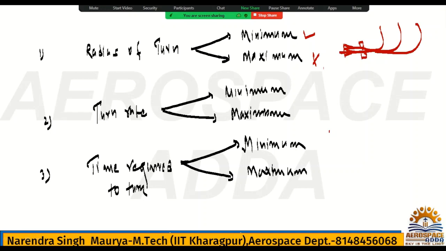Because unnecessary distance will not be covered, that is not allowed. There are fuel constraints, time constraints, many things. So the minimum turning radius, or radius of turn, should be minimum. Yes or no? It should be minimum. That is one thing. Yes or no?